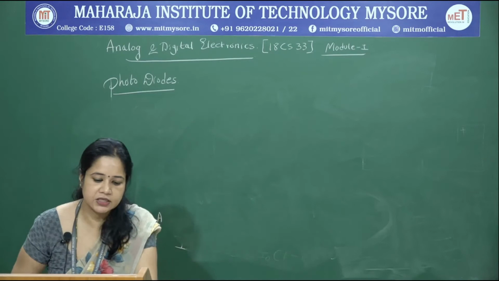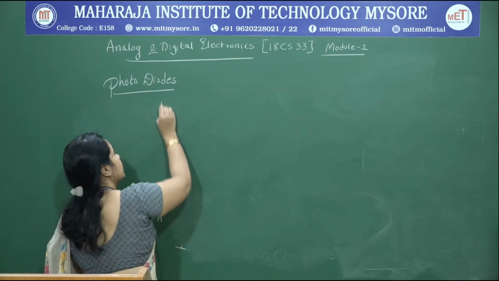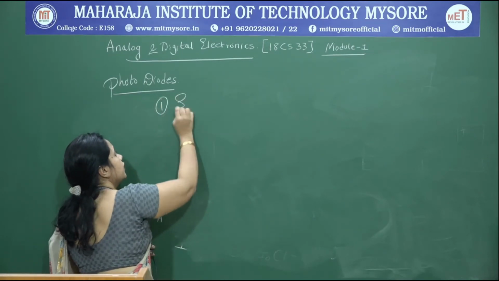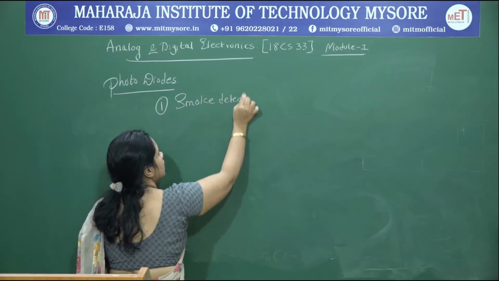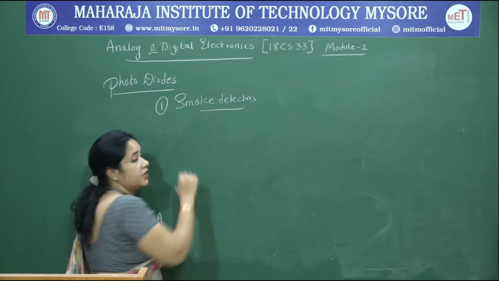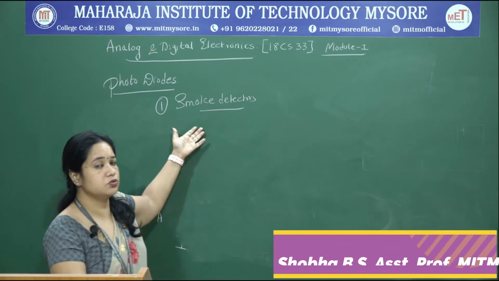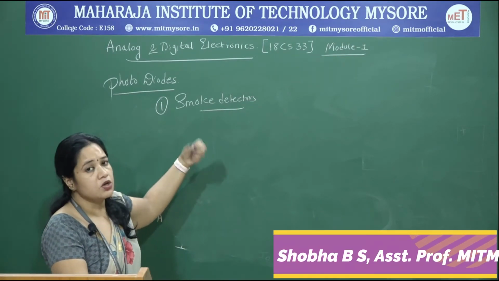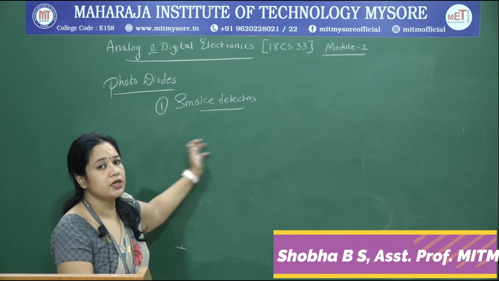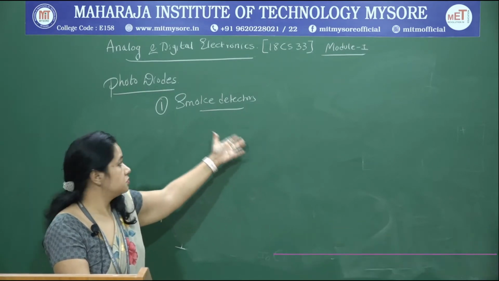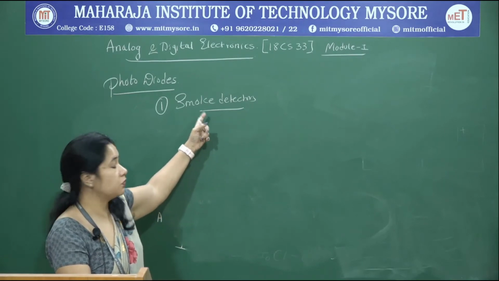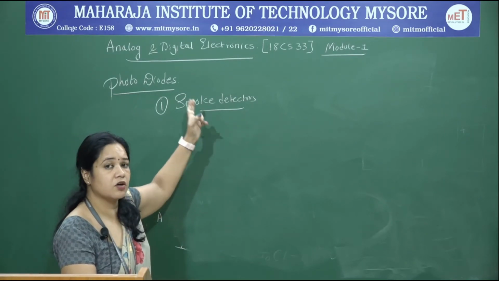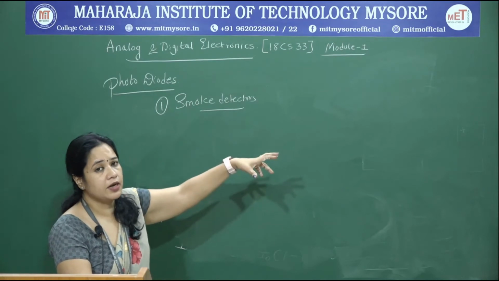Very first, it is used in some electronic devices like smoke detectors. So, what are smoke detectors? They are used as fire detectors. You sense the smoke present, and accordingly the light intensity, which is proportional to the fire or smoke, is converted into electrical energy.